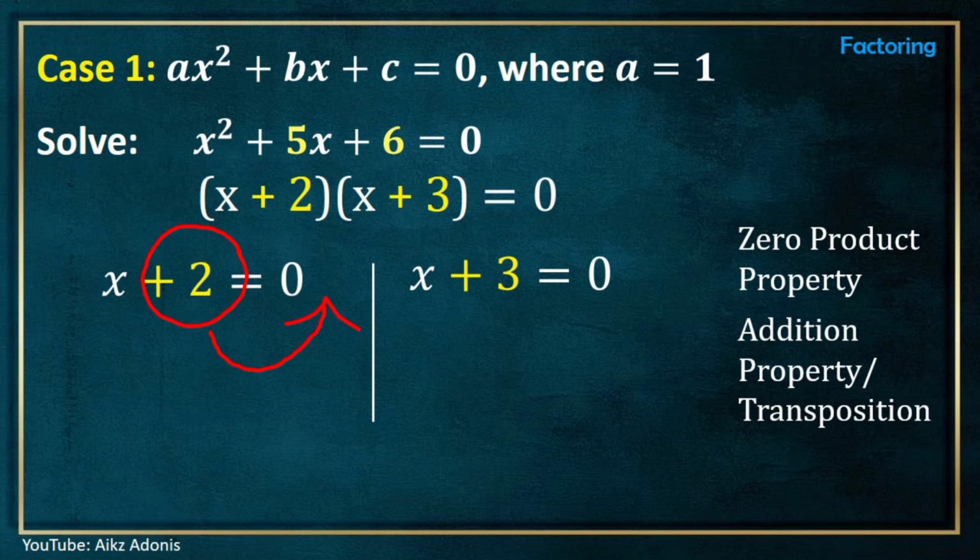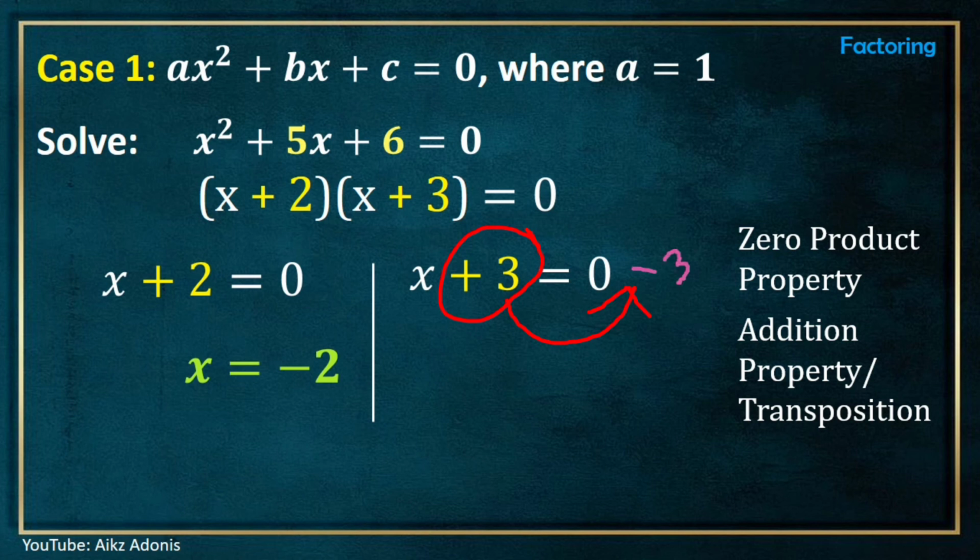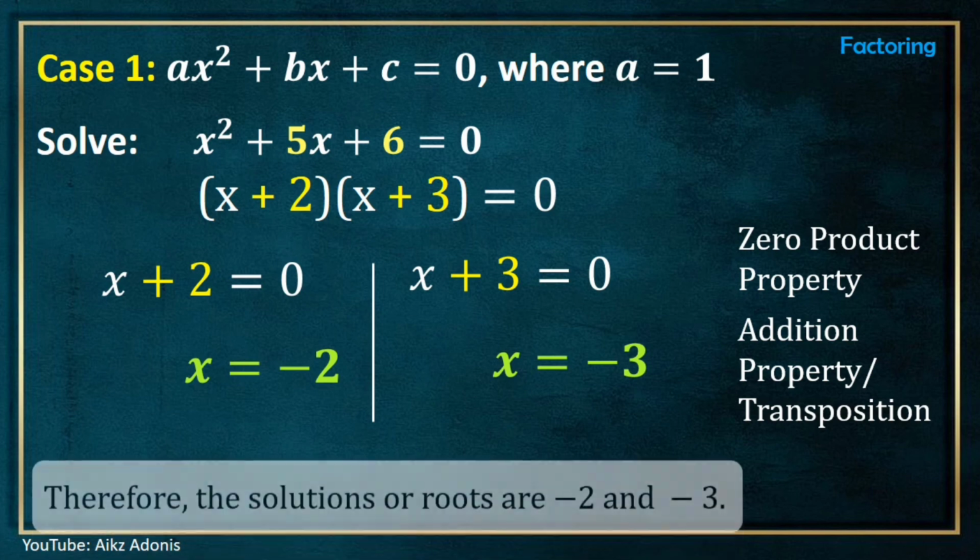Let's transpose positive 2 to the right, so it will become negative 2. Thus, the first solution is x equals negative 2. Next, let's transpose positive 3 to the right, so it will become negative 3. And the second solution is x equals negative 3.